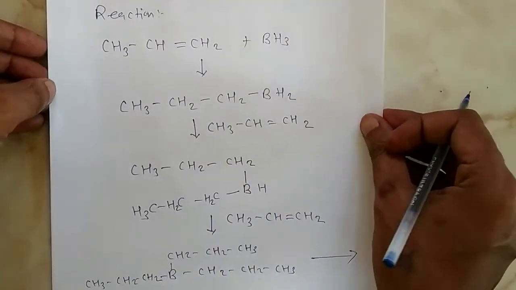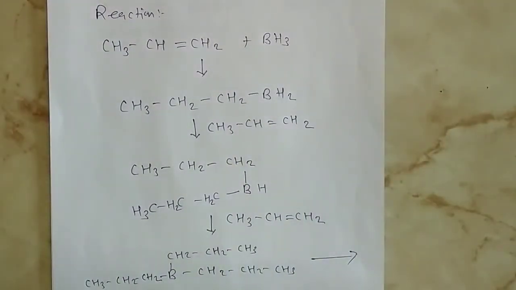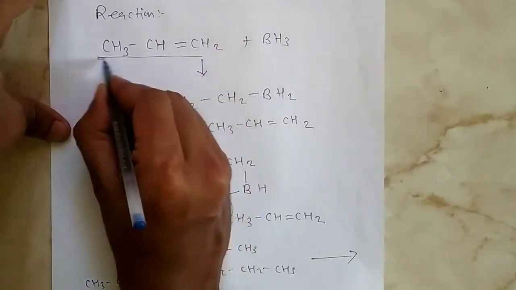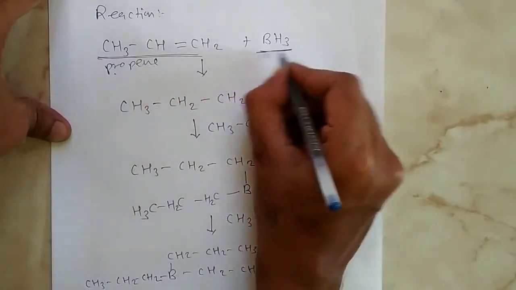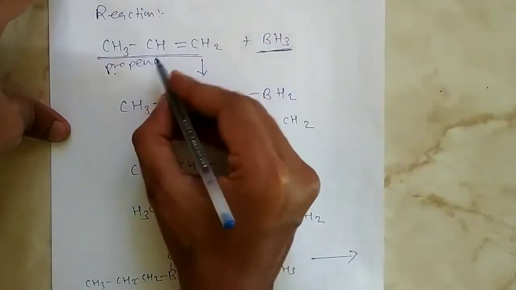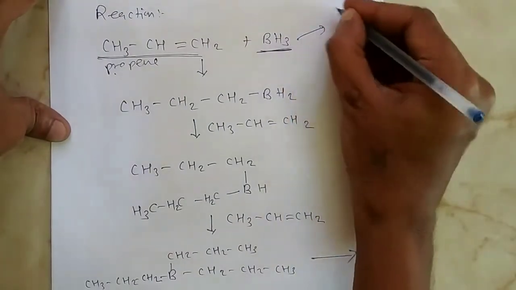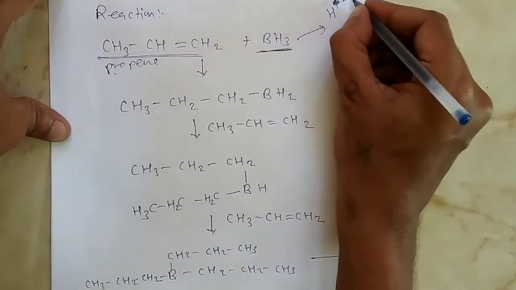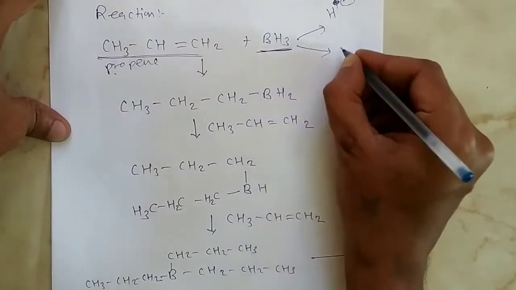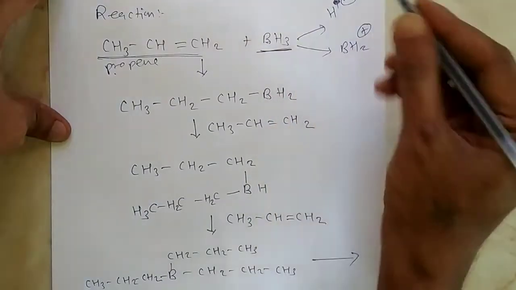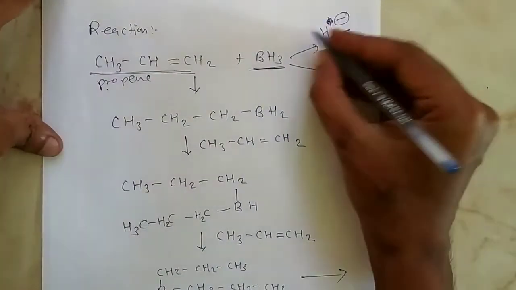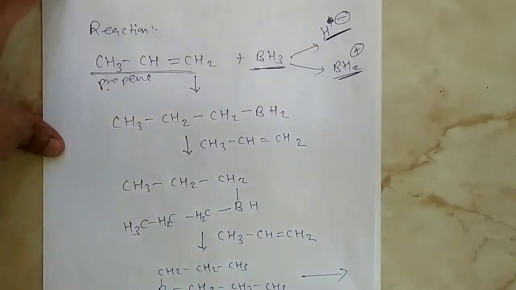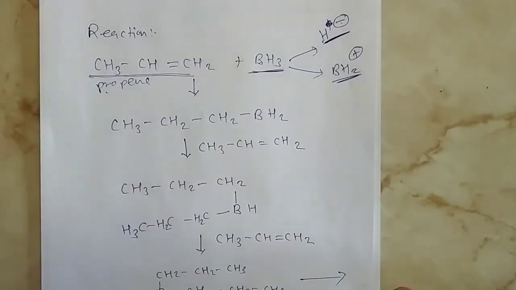Now look at the reaction. What will happen here? When the alkene, this one is propene, reacts with BH3, again apply Markovnikov rule. H minus ion and BH2 plus ion are made. Negative ion will add on the carbon that has less hydrogen.